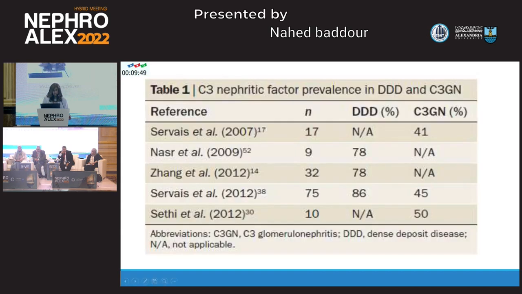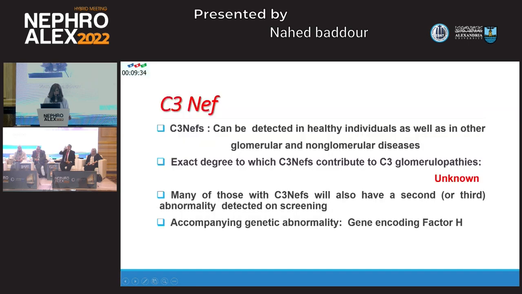And this is a study about the prevalence of the nephritic factor in the two forms of C3 glomerulonephritis, and as you can see, it's much more prevalent in dense deposit disease.